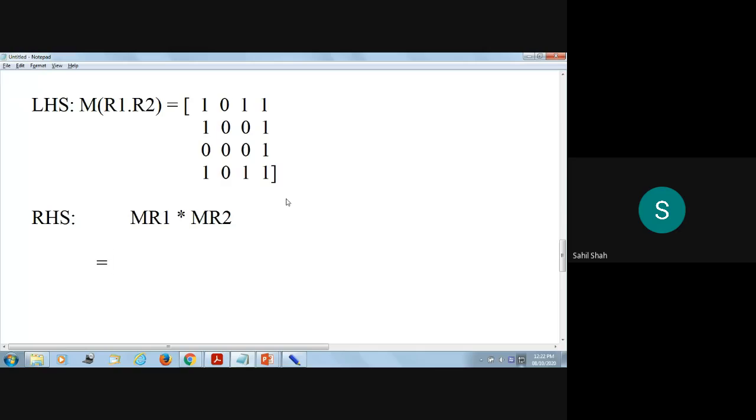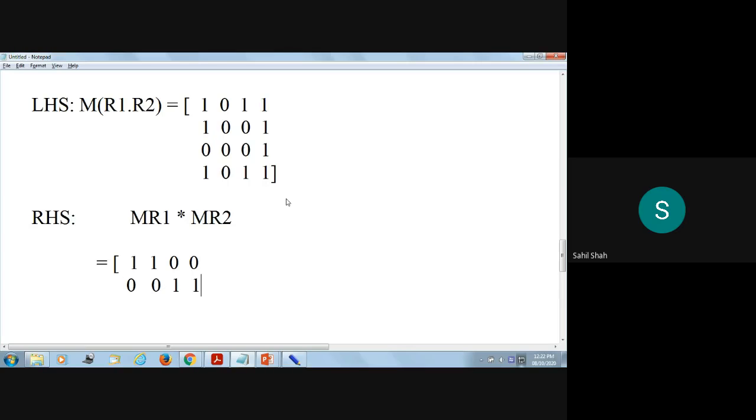What is M of R1? M of R1 is, I think, 1, 1, then 1, 2. 1, 3 is not there, 1, 4 is also not there. Do we have 2, 1? 2, 1 is not there, 2, 2 is not there, 2, 3 is there.